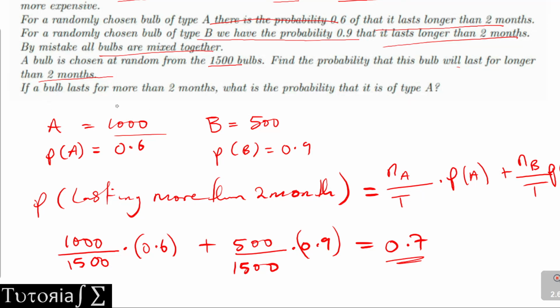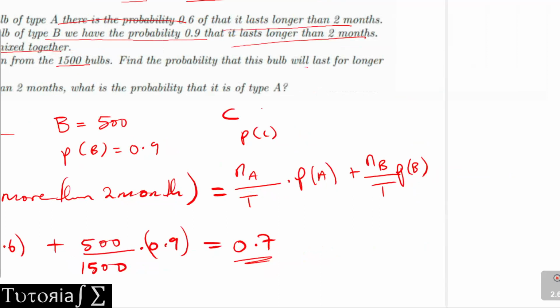It might be chosen from A or it might be chosen from B. If there was a third group, C, with its own number of bulbs and its own probability, we would have added it here: plus the number of elements in C over the total number times the probability of C. If there was a D with a certain probability, we would still add it here to find the total probability.